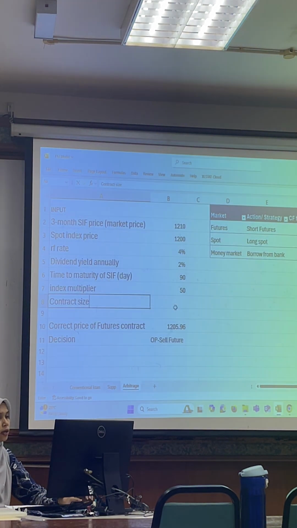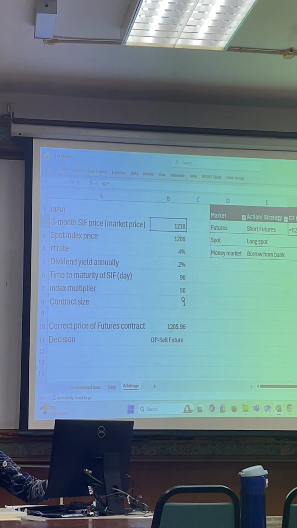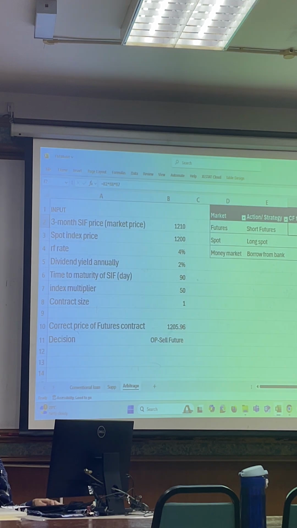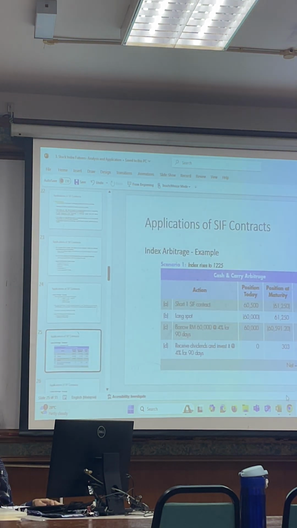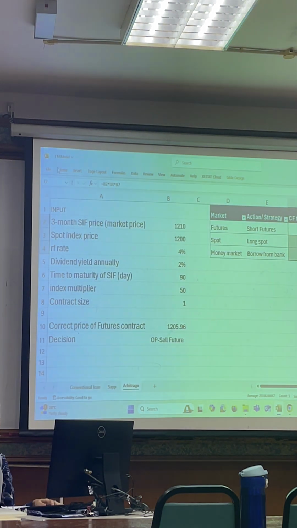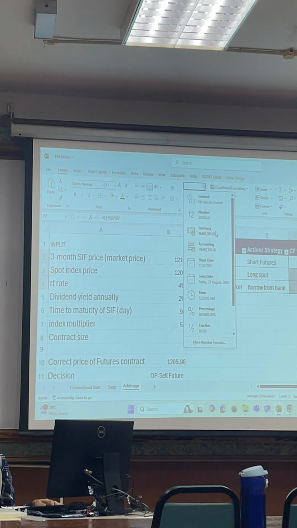So here it will be 1. We can get the price, contract size 1, and then you multiply by the 50. Then you can see that you will get similar results. You can put it here as the currency.